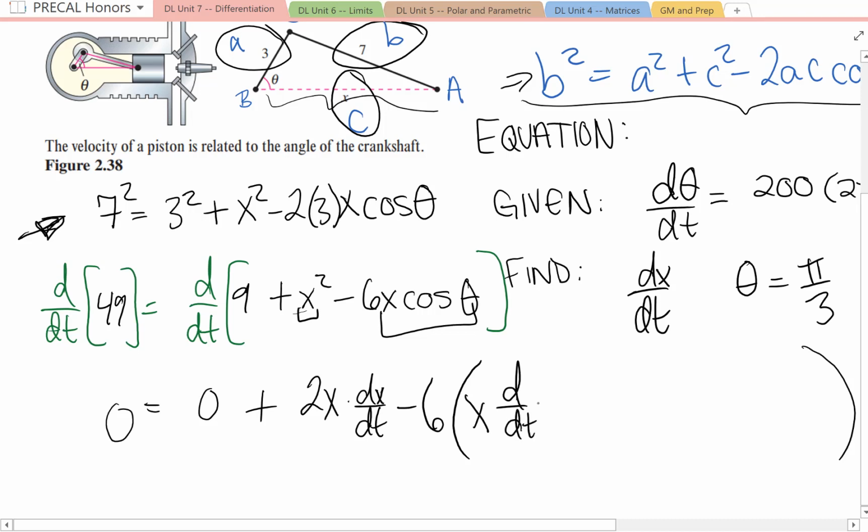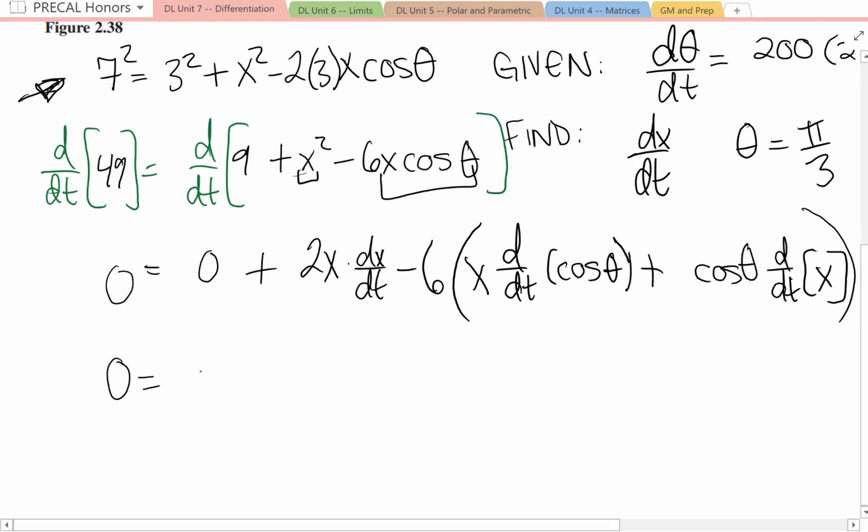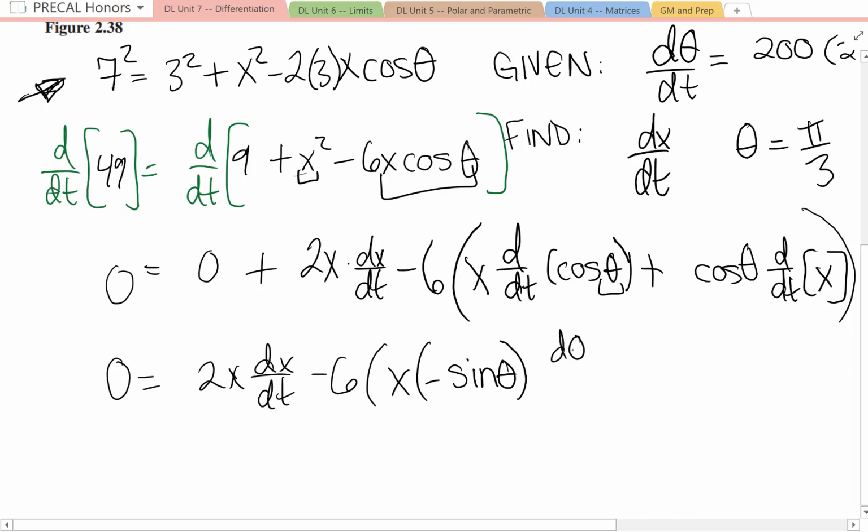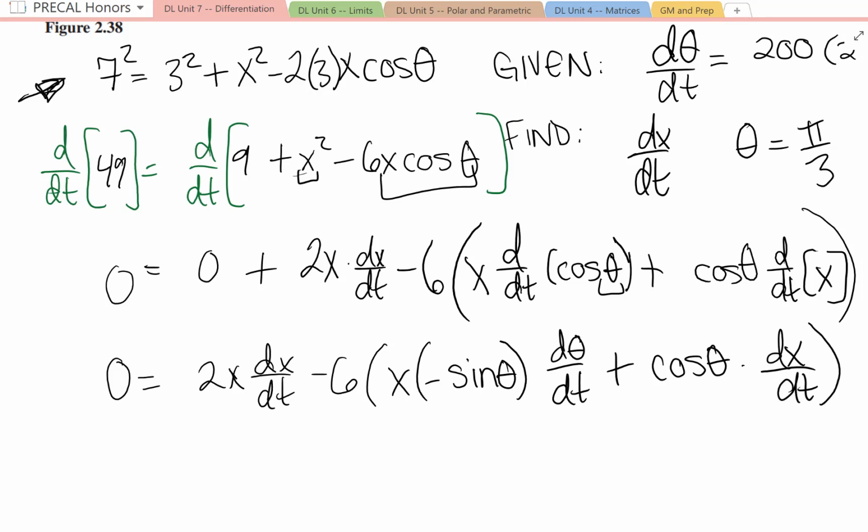So f times the derivative of cosine theta, plus g, which is cosine theta, times the derivative with respect to t of the f function, which is x. 0 equals 2x dx/dt minus 6 times x times negative sine theta times the derivative of the inside, which is d theta/dt, plus cosine theta times the derivative of x with respect to t, so that would be dx/dt.